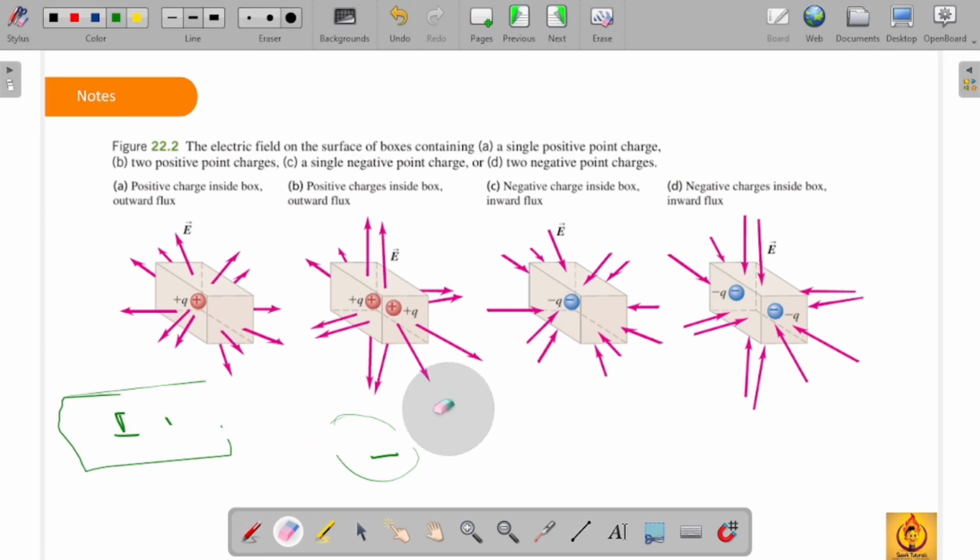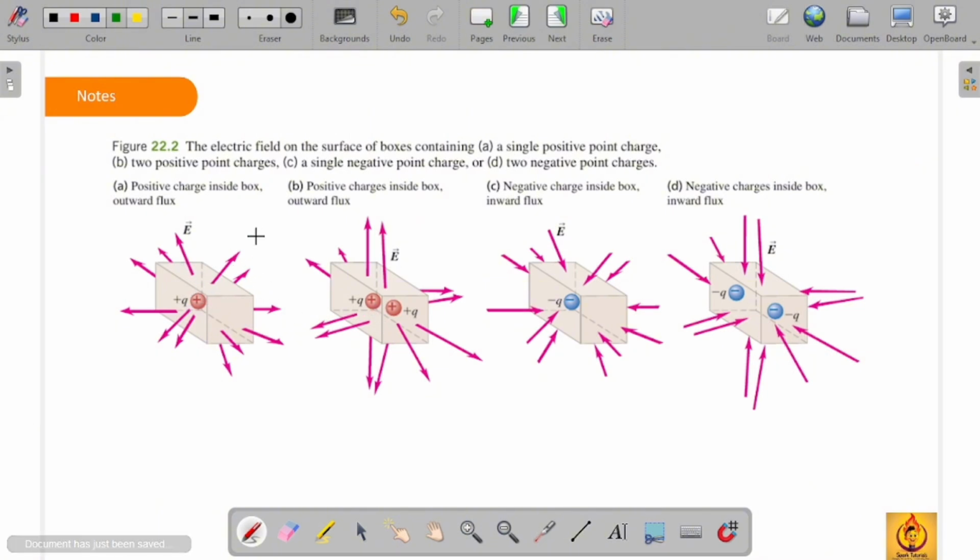Now, as you can see, if our charge is positive, you see those arrows, we call them the electric flux. So those fluxes are radially outward if it's a positive charge, and they are radially inward if it's a negative charge.